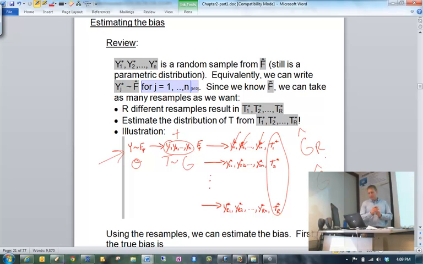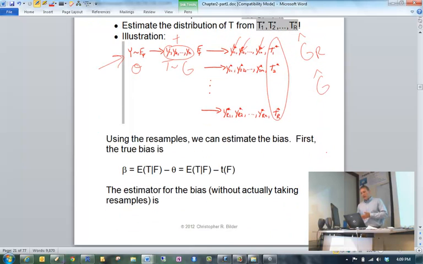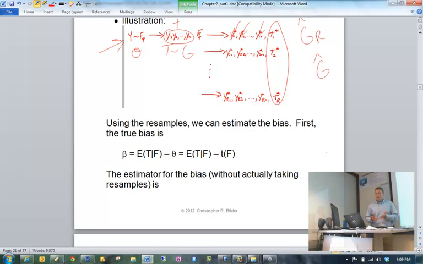Okay. Now with that as a setup, what we'd like to do is use these resamples to come up with an estimate of bias. In actual application, you're typically not going to know exactly what the bias is, because it's dependent on a particular parameter. So let's let the true bias be beta.